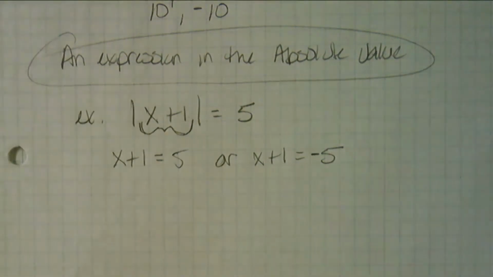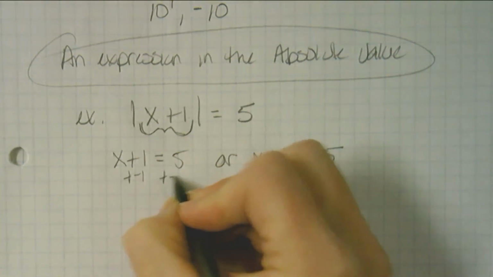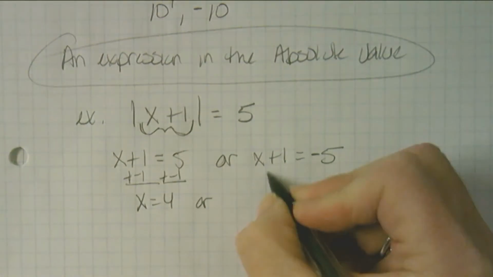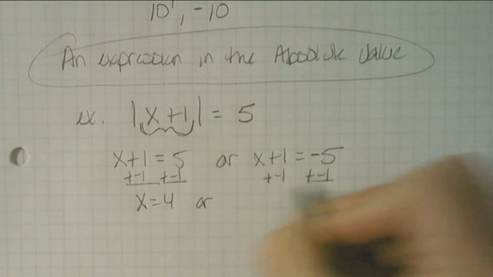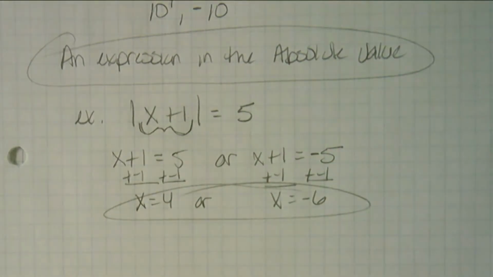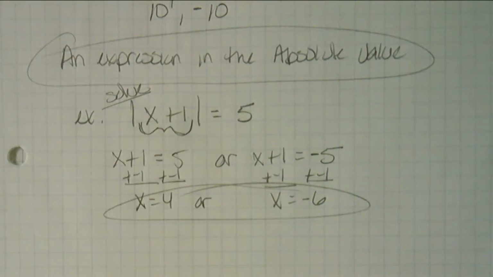So now, solve this. So there are my possible values for x. We want to solve. So I have to set that expression that's in the absolute value equal to that positive and that negative of the answer.